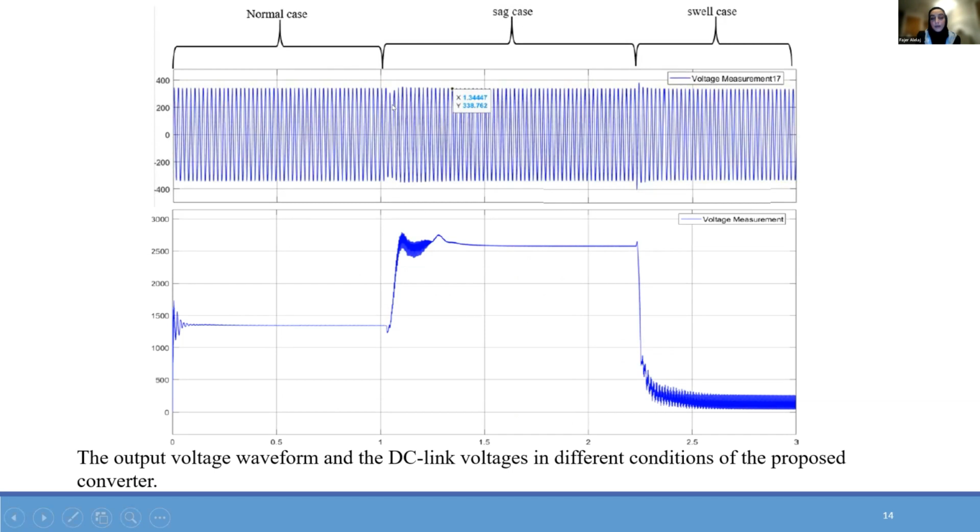As you see here at the beginning of the period, the voltage becomes lower, then the system tries to fix and regulate the output voltage. Also, the DC voltage was around 1570. In the rest of the period, it was a swell case, where the voltage supplied was 12 kV and the VDC was around 1220. As you see here, it's the same: the voltage increases, and then it tries to regulate again.